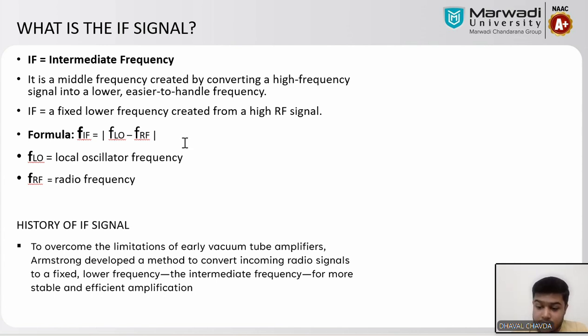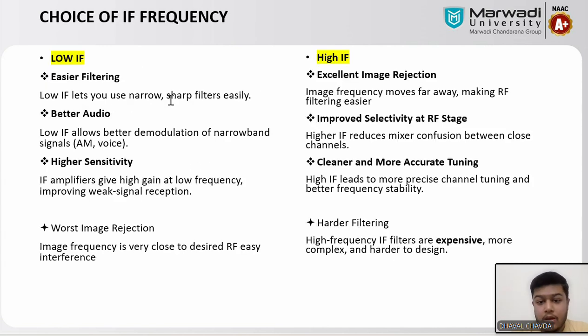If the difference is high, it's high IF. If the difference is low, it's low IF. According to this difference, image frequency rejection happens. So excellent image rejection, making RF filtering easier. Improved selectivity.